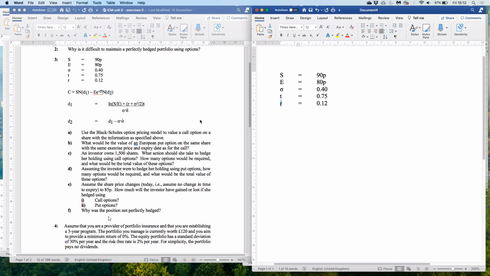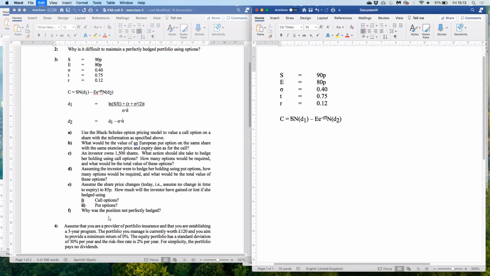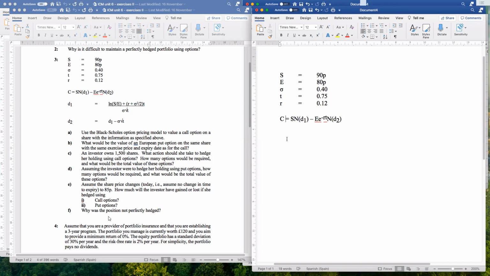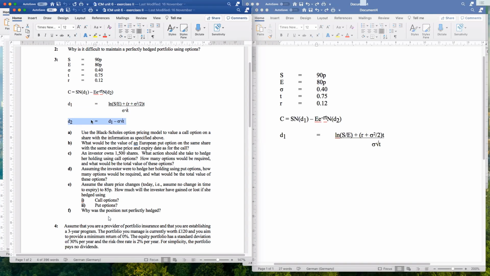So to calculate the call valuation, the formula is provided here, as in the presentation files from Dr. Betty, and the formula to calculate D1, and also how to calculate D2.